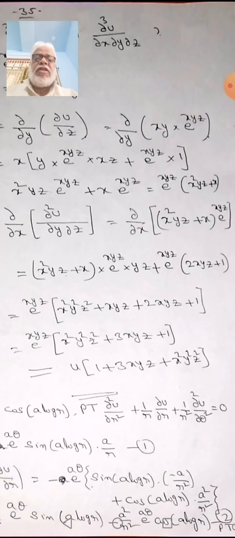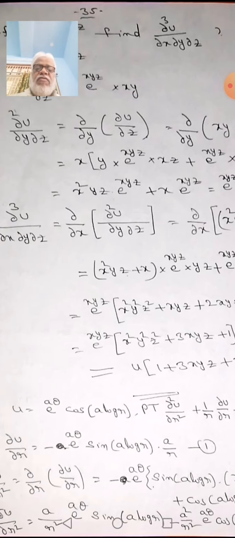So (x square yz plus x) into e power xyz into yz, because the derivative of xyz with respect to x is yz, plus e power xyz times the derivative of x square yz plus x with respect to x, which is 2xyz plus 1.